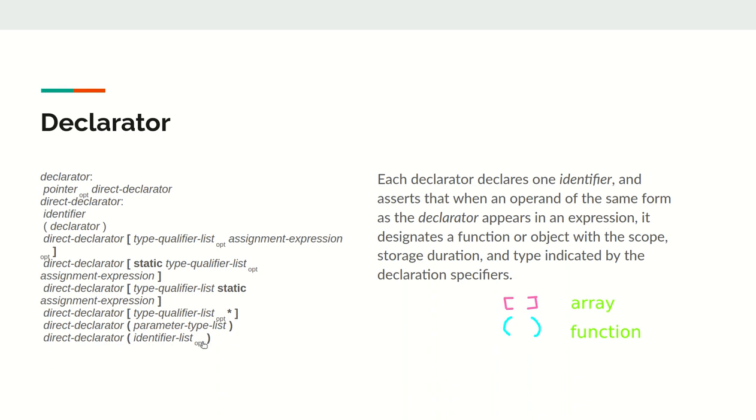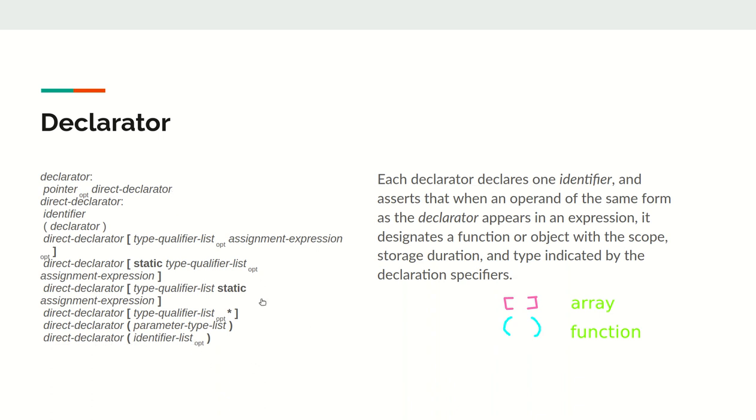It is optional, meaning it can have only the left and right rounded brackets. So we can write main with left and right rounded brackets, and in that way we can define the main function.